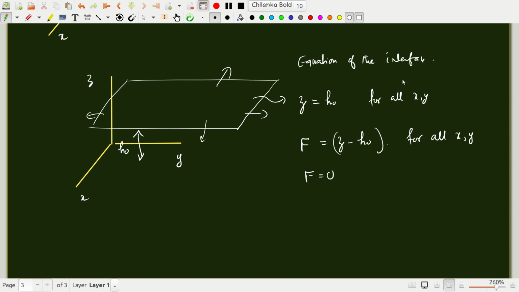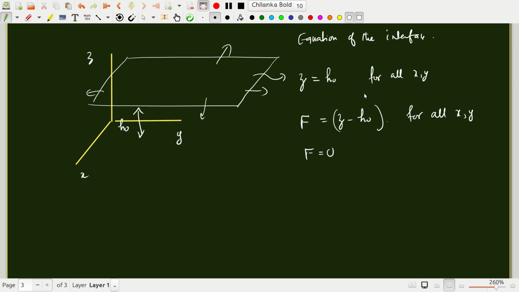Okay. In general, whenever you have an interface, you are trying to write a unit normal. There are two unit normals to an interface. You can either write it like this, this becomes plus ez, or you can also consider the unit downward normal. So both are equally valid. Obviously, an interface has two sides.